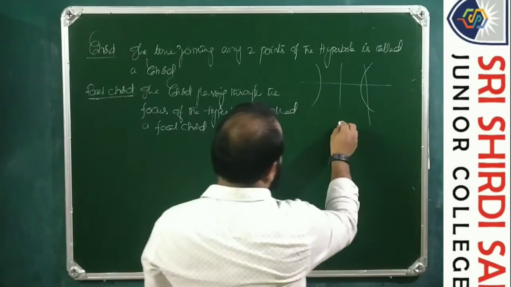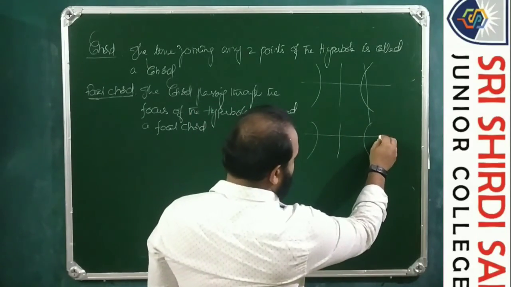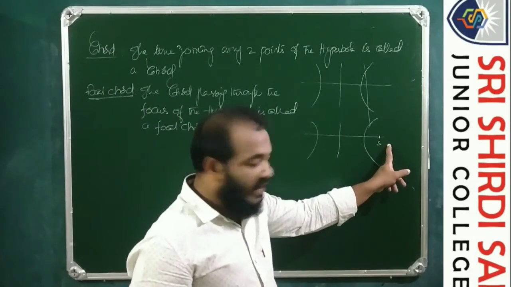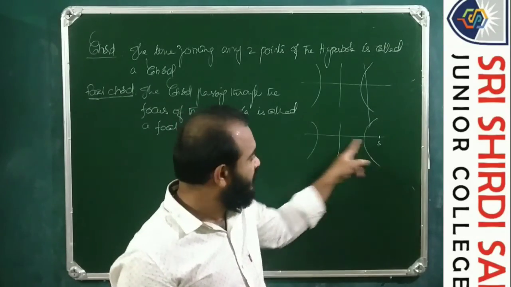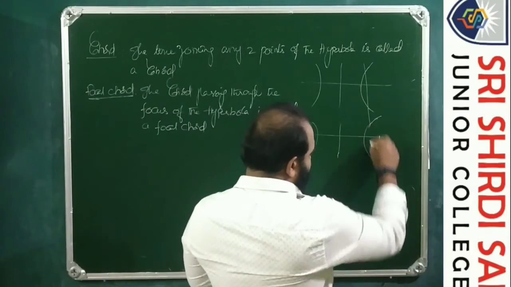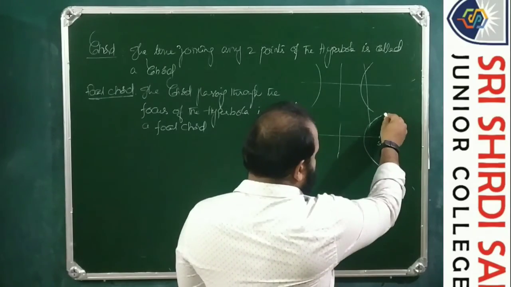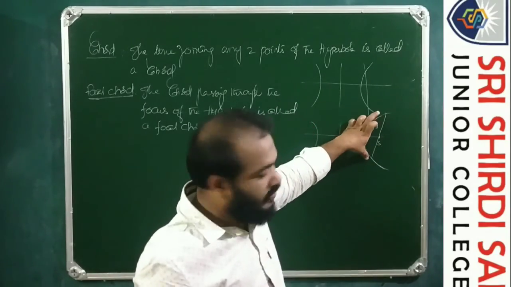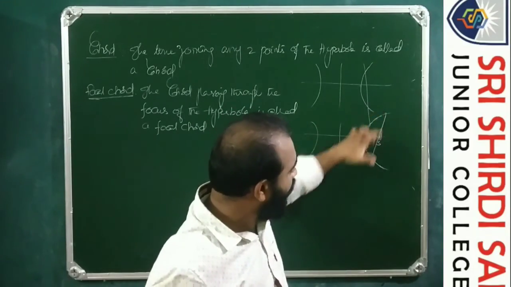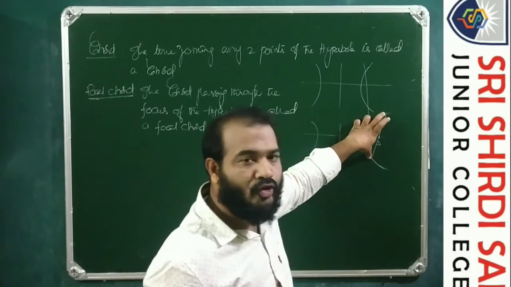So, this is the hyperbola and this is the focus. Focus is the fixed point lying on the principal axis, which is the transverse axis, which is the x-axis here. Since this line is formed by joining 2 points of the hyperbola, and it is passing through the fixed point focus, it is said to be a focal chord.